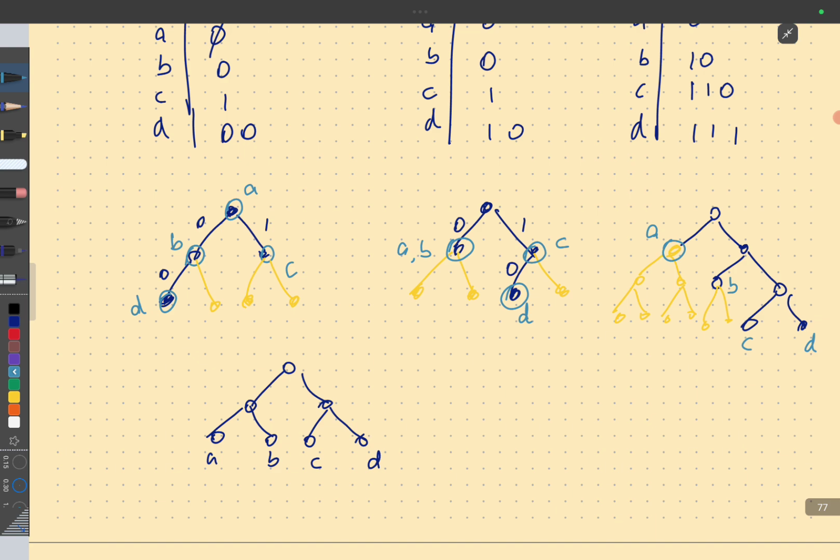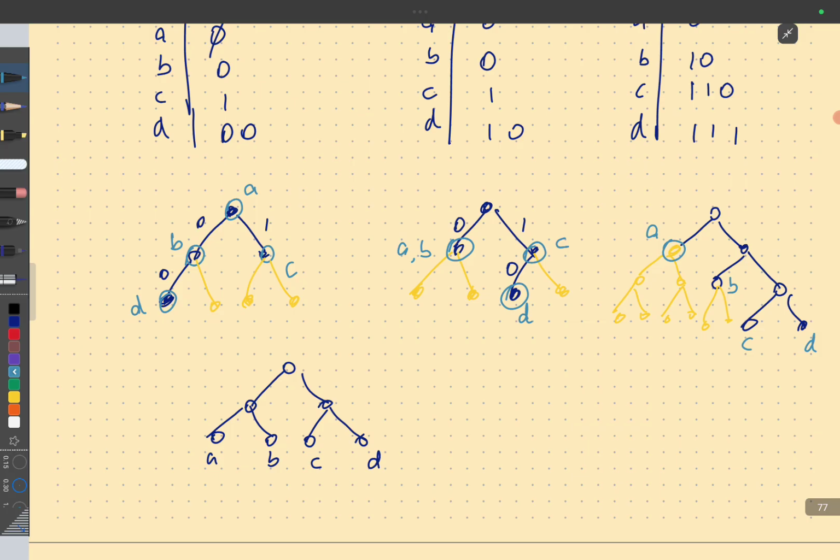Non-singular is no two symbols get mapped to the same node. So prefix free is one where no code word is a prefix of any other code word. So in terms of the tree, what can you say? If you look at a symbol where it occurs, then in its successor list it should not appear. Correct. So another way of saying that in graph theoretic terminology is no symbol is a child of any other symbol, or to be more precise, no symbol is a descendant of any other symbol.